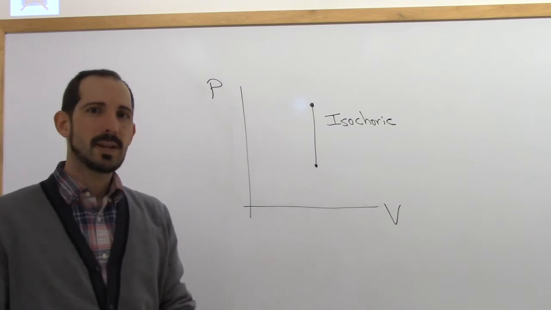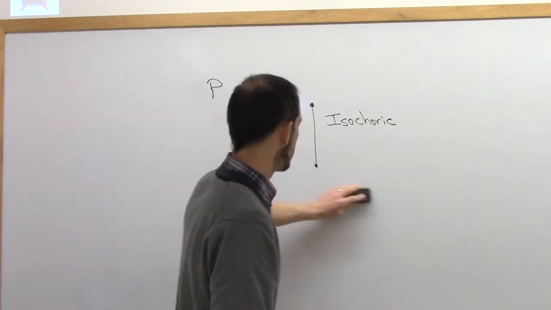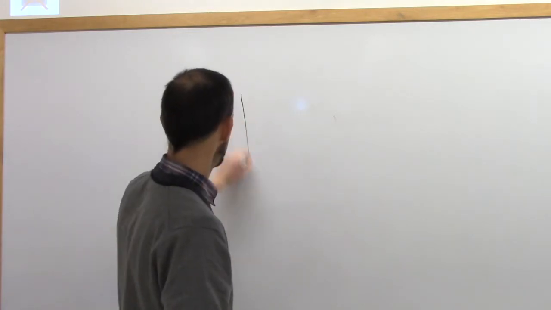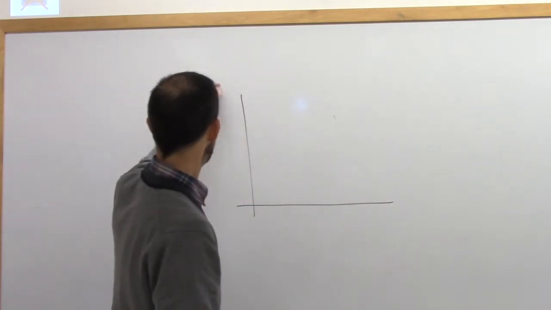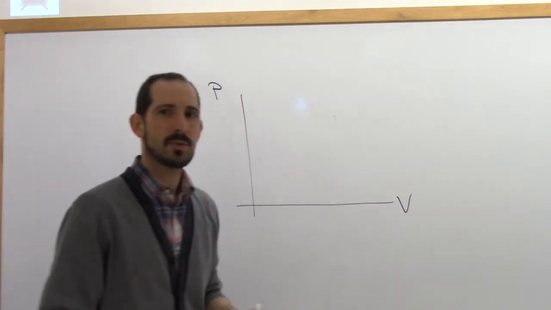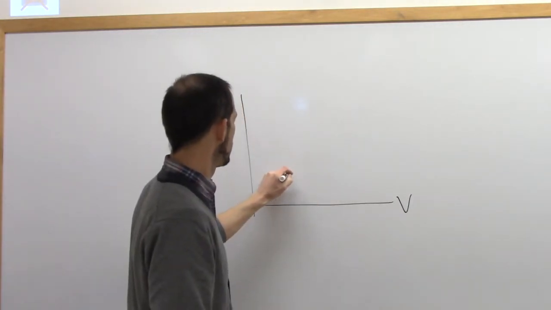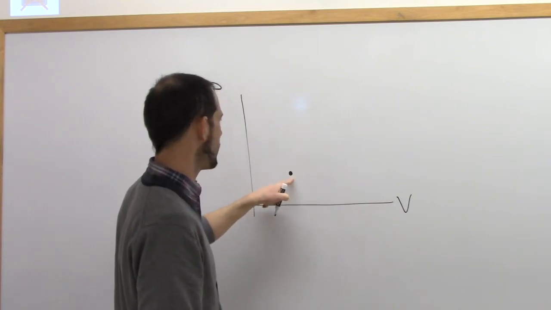Now what we could do is we could kind of put this whole system together into a loop. Should have kept my axes here. So maybe we have some sort of process where, let's say we start here, there's some volume and there's some pressure.